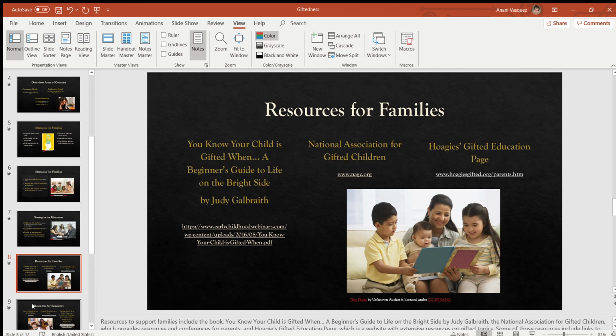The web links automatically turned pink when I typed them in. The pink was not very visible or easy on the eyes, so I changed them all to white. Again, on this slide, the audio explains more about why these resources are recommended for families by giving specific examples.